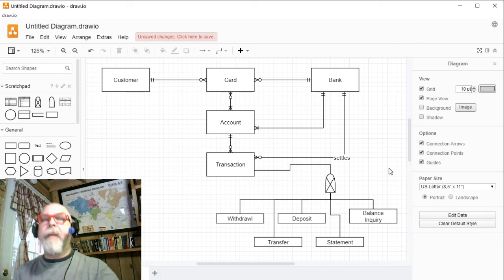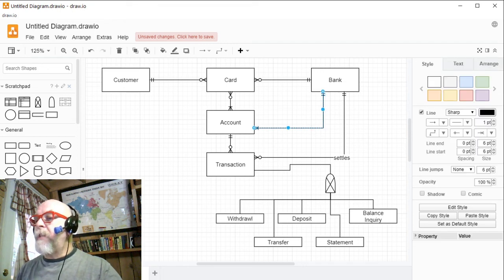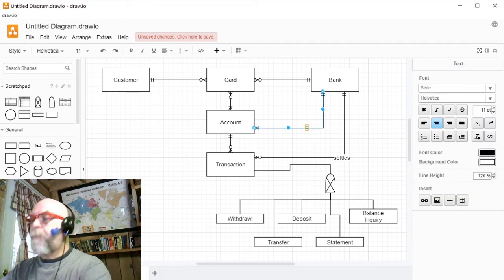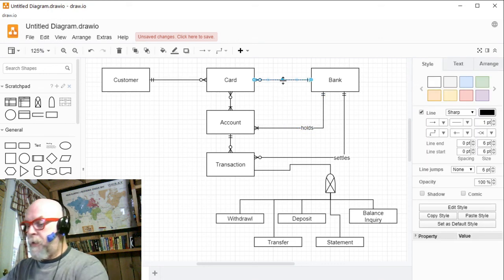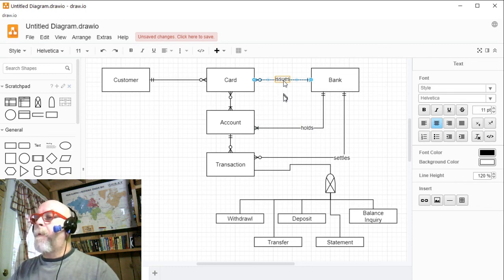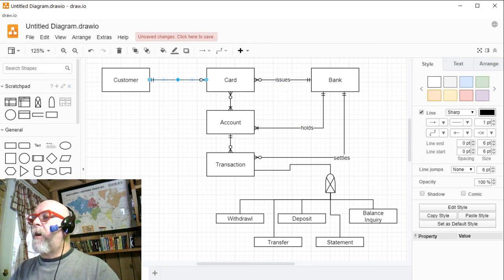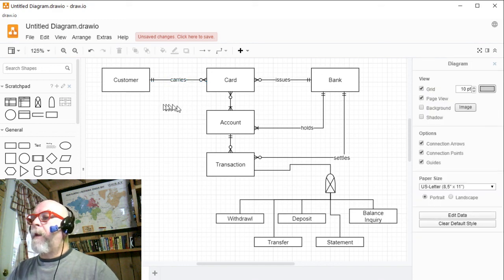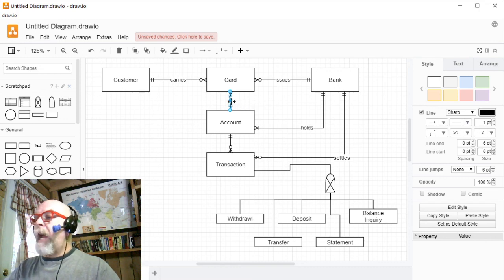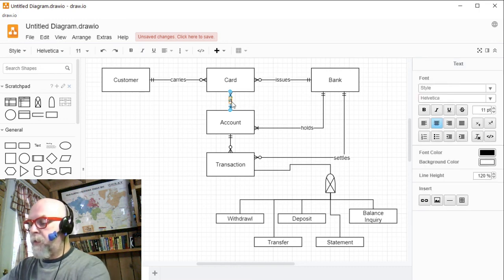And then we can add the words if we want to add the words of a bank holds the account. The bank issues the card. The customer carries the card. The card contains multiple accounts or accesses multiple accounts.